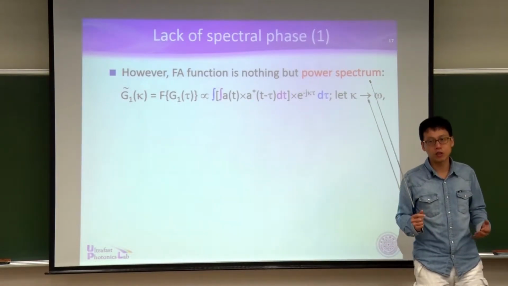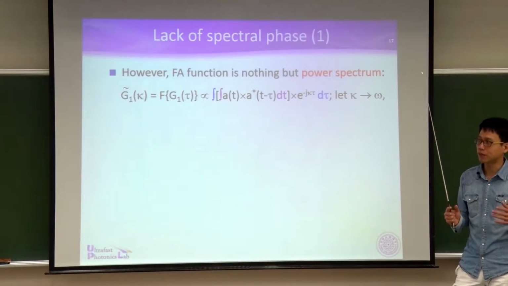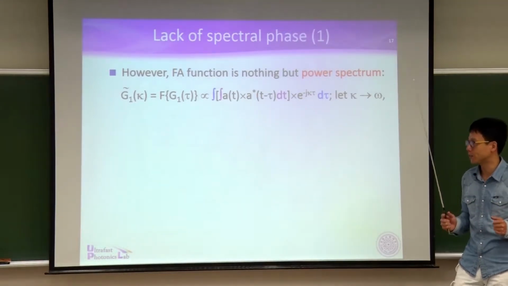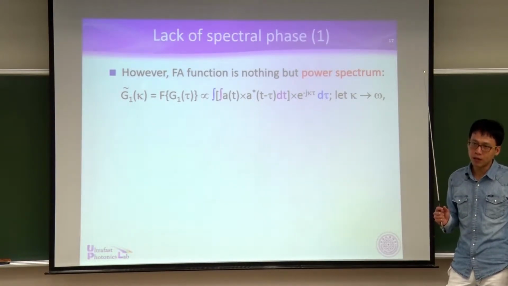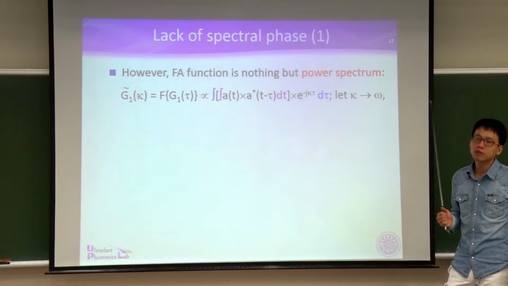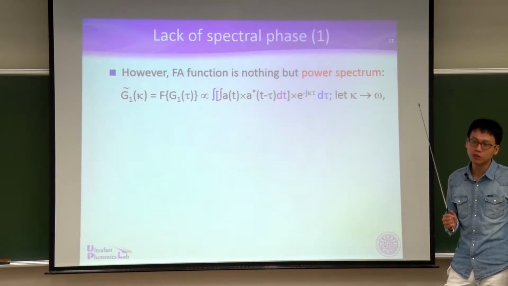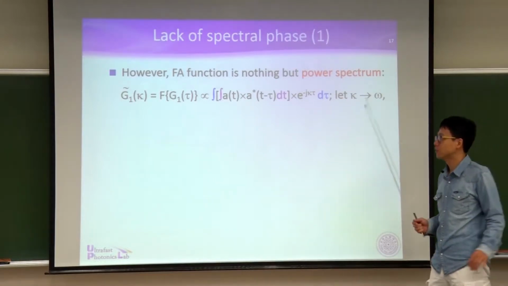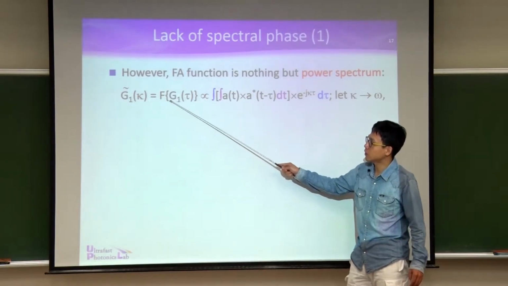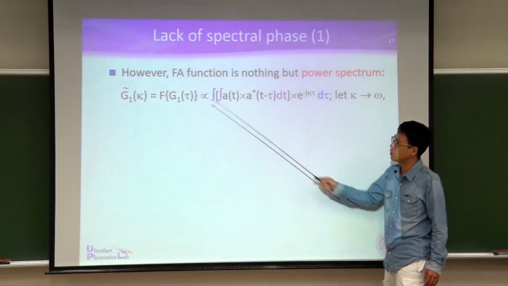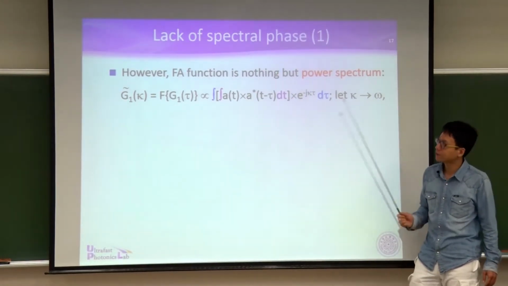Because we know Fourier transform does not change the information. It just represents the same function in 2 different domains. So if you want to know what is the information implied by G1 of tau, you can just analyze the information contained by G1 tilde. They are the same. Okay，所以你看看 frequency domain 的函数，它告诉你是 by definition is Fourier transform of G1 of tau. So by definition is proportional to a double integral, right?